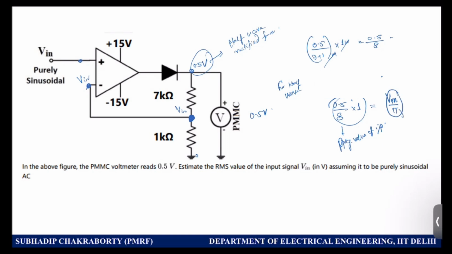This is the average value of input. If we equate, so this is the average value of voltage, and this average value of voltage is coming here.